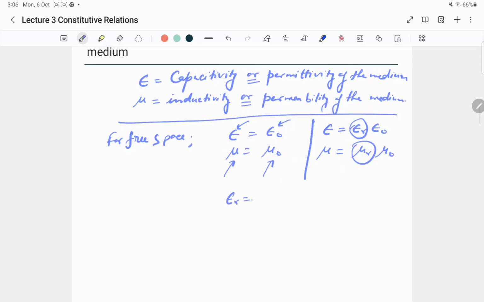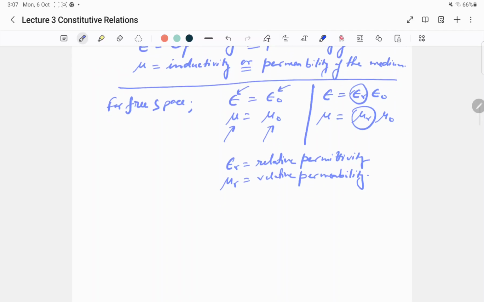So epsilon r is relative permittivity and mu r is relative permeability of the medium.